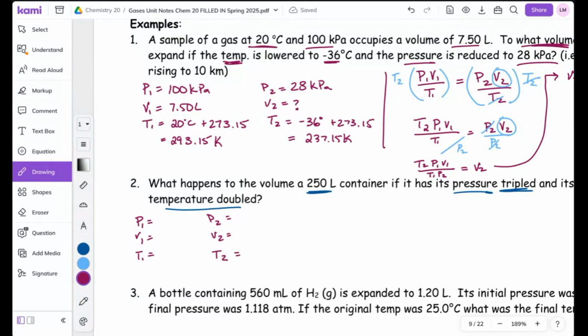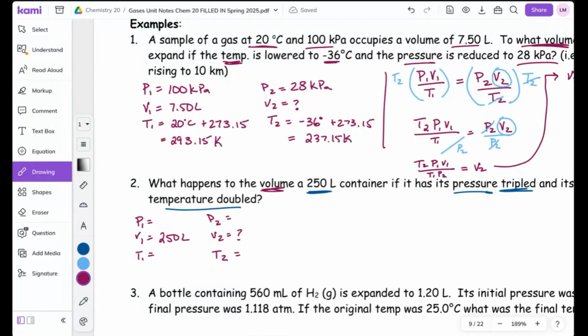And the only real number that it's given us is this 250 liters. Okay, and it's asking us, what happens to the volume? So we're asked to figure out, what is V2?